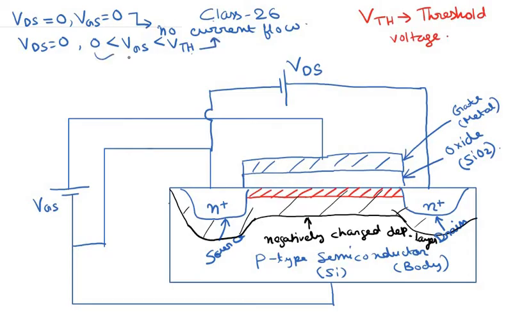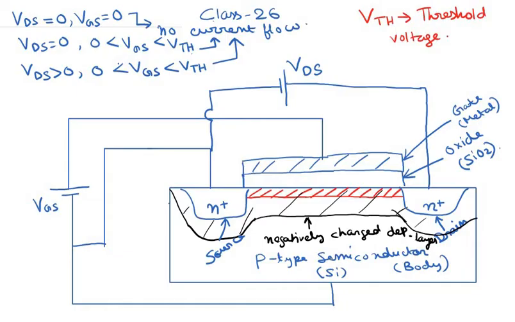In this condition, 0 less than VGS less than VTH, if VDS is greater than 0, still no current would flow. If the gate to source voltage VGS is less than VTH but VDS is greater than 0, no current flows between the source and the drain, because there is no current flow path; the channel is not yet created if VGS is less than VTH.